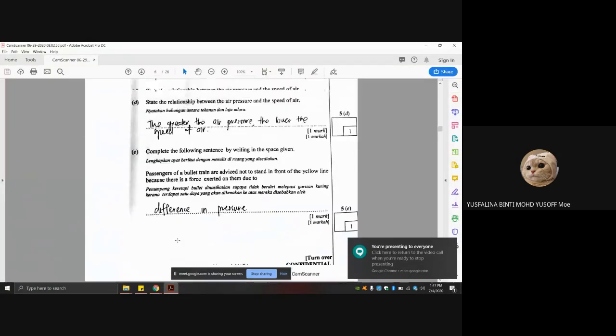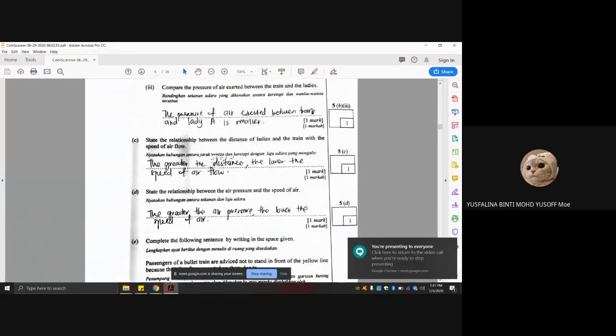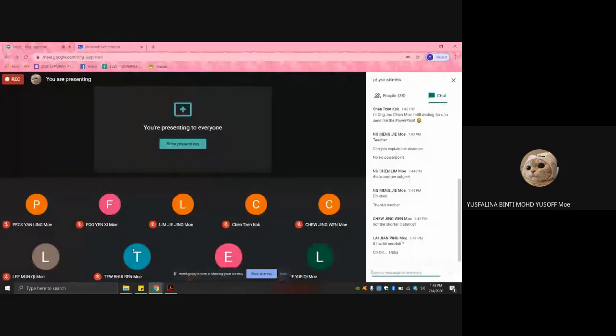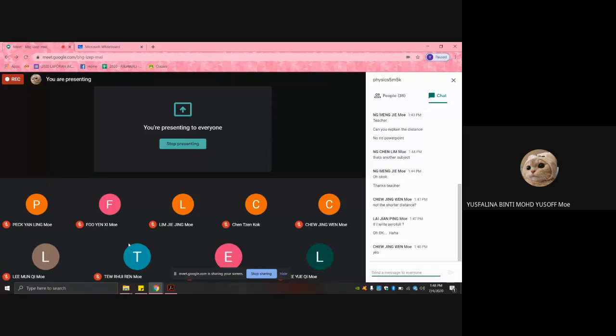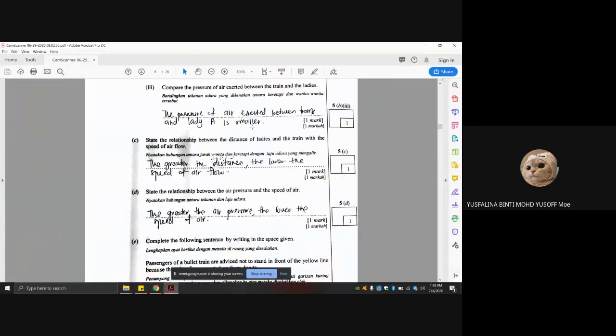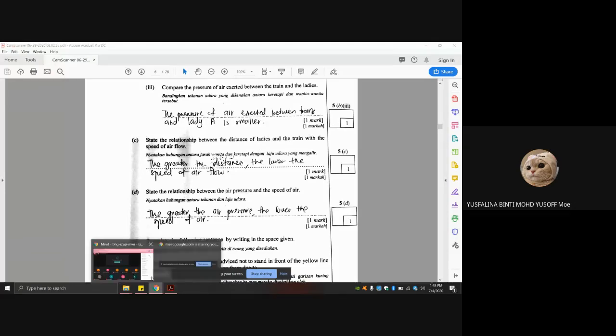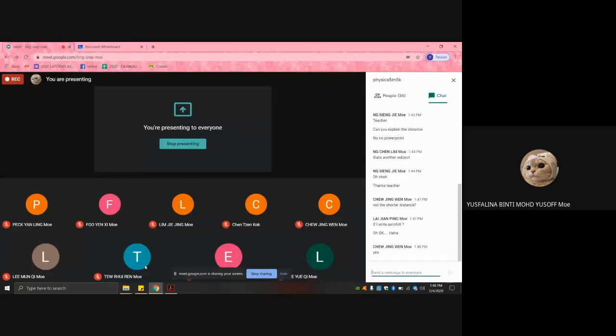You mean for C, isn't it? So your answer is the shorter distance, the lower the speed, is it? What is your answer?